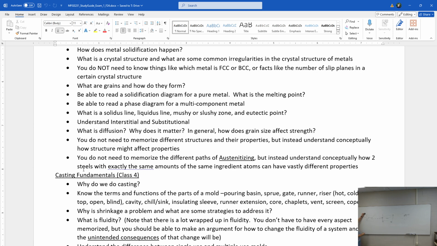Darn. And then remember, the other kind is the eutectic. So the eutectic is similar, but it kind of looks like that. And so the eutectic has this one place in the middle at which the melting point is lower than either of the constituent materials. Again, we have the slushy zones in here, where it's partially liquid, partially solid.